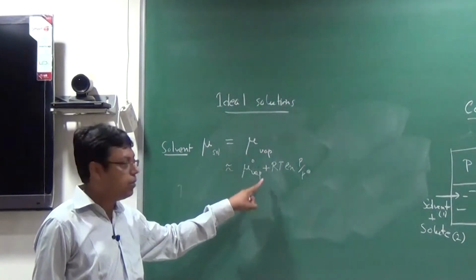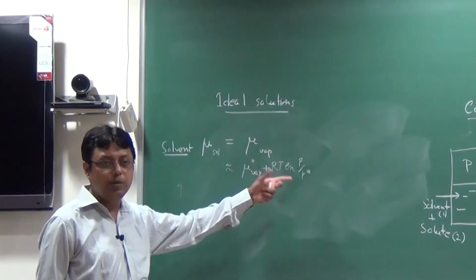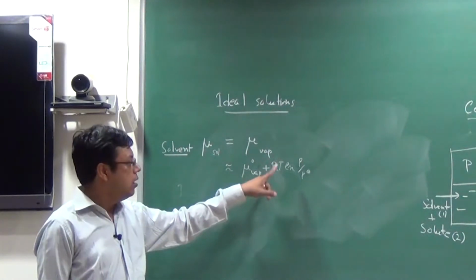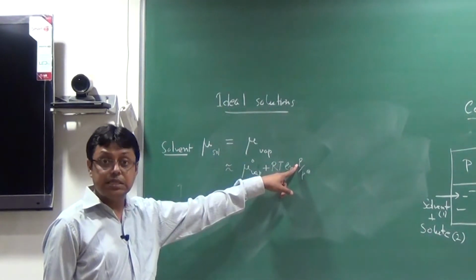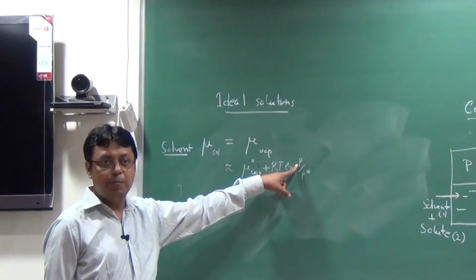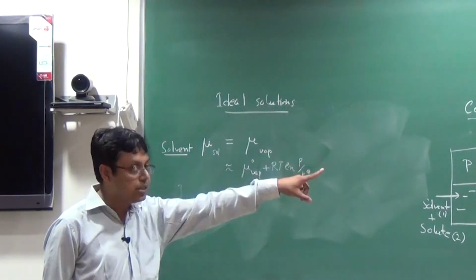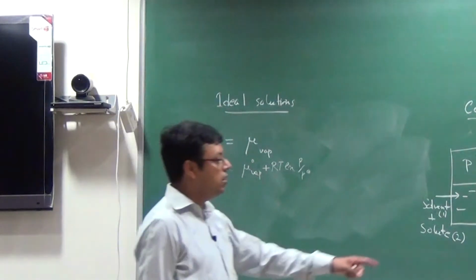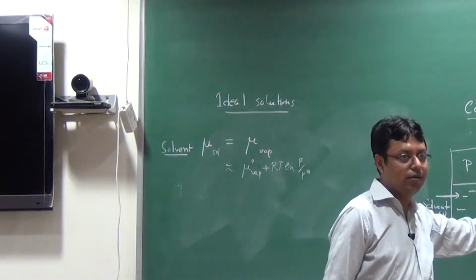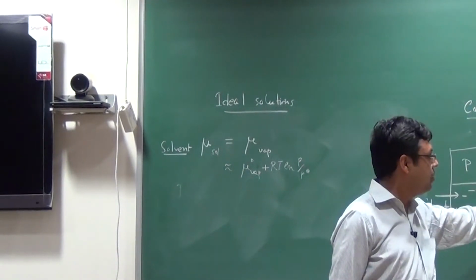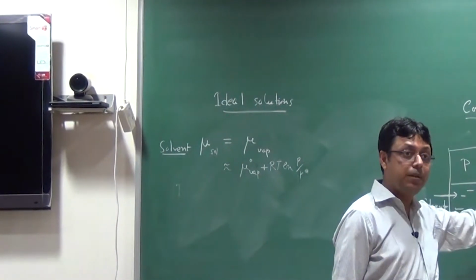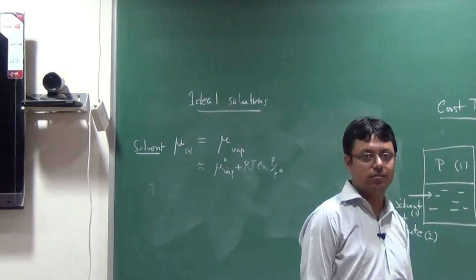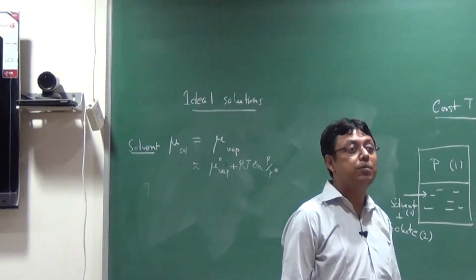The vapor equation I am now replacing, assuming the vapor behaves ideally. What is P? P is the vapor pressure in the solution. We already said that if it behaves ideally, it will be equal to P star into x1, where P star is the vapor pressure when there is no solute. Star means pure form.